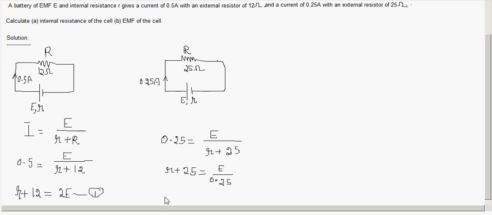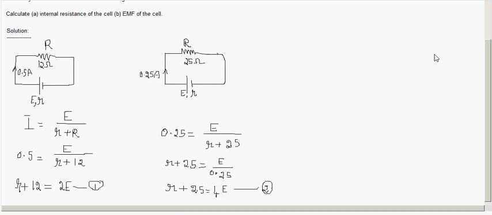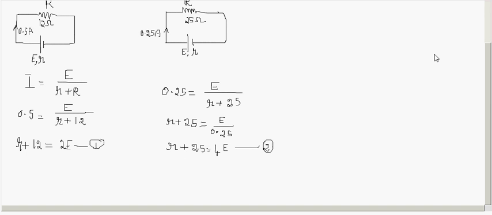So I can write this equation as R plus 25 is equal to 4E. Now we have two equations, equations 1 and 2, and two unknowns. So let us solve for R and E.